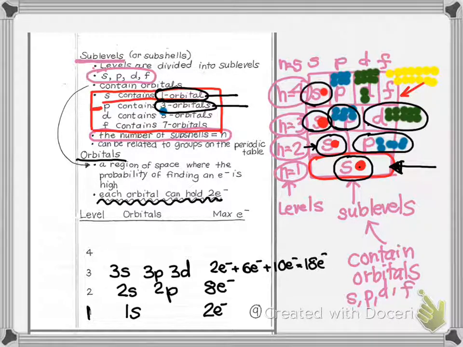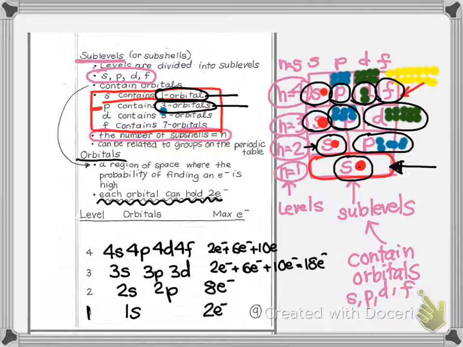And then you go to the fourth, and we have 4s, 4p, 4d, and 4f. And so we have 2 in the s's, plus 6 in the p's, plus 10 in the d's.